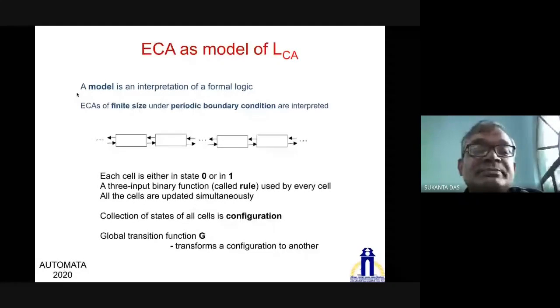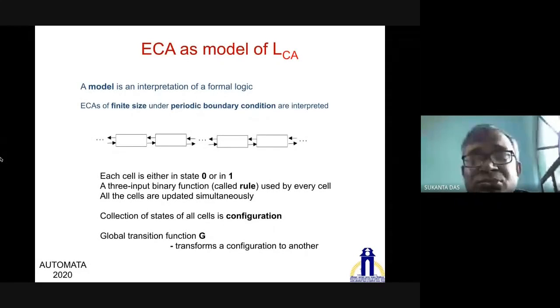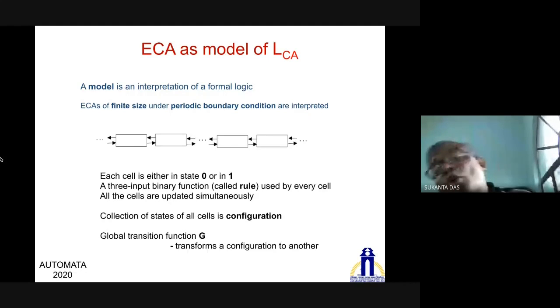Here an ECA is a one-dimensional CA. It is an array of cells, and each cell is either in state 0 or in state 1. Each cell uses a 3-input binary function called a rule. This rule is used by all the cells, and all the cells are updated simultaneously. In this way, we get configurations.